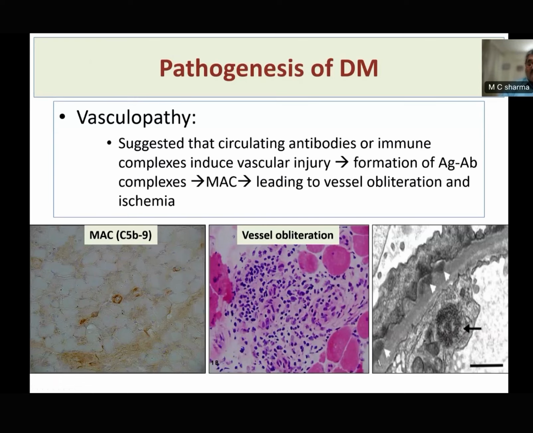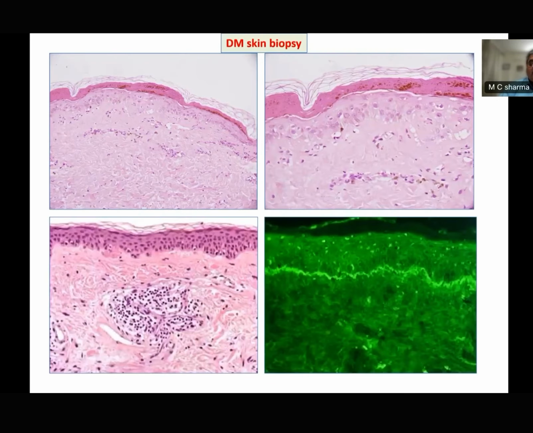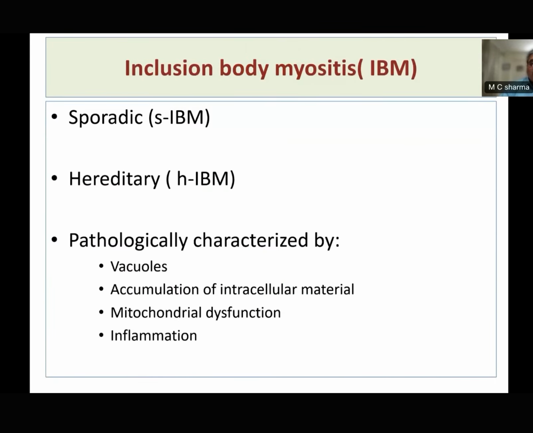One of the criteria for the diagnosis is the demonstration of these tubulo-reticular inclusions in the endothelial cells. Earlier, if you remember, in hairy cell leukemia, people used to look for similar tubuloreticular inclusions for the diagnosis. So the membrane attack complex is very helpful for the diagnosis of dermatomyositis. One can do immunofluorescence even on skin biopsies to demonstrate the interface myositis.